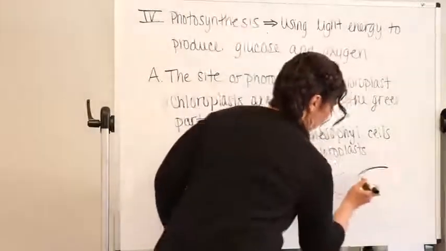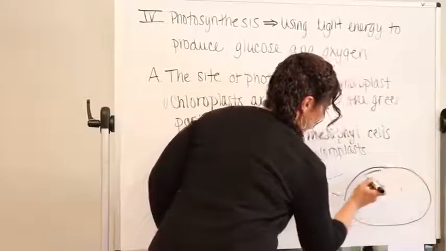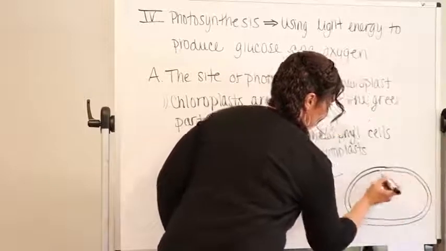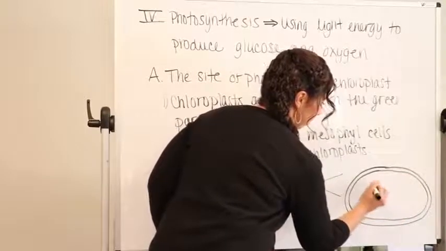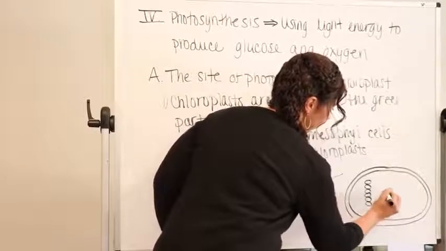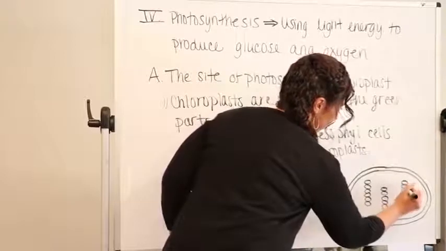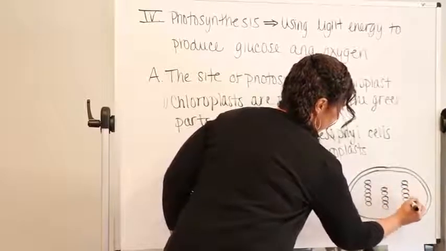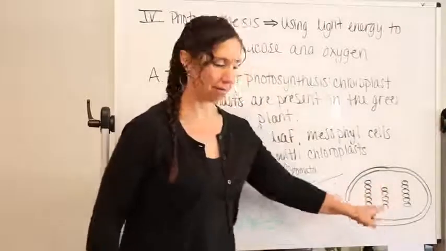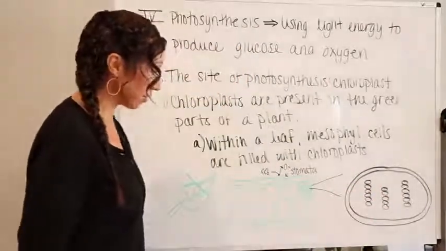So if you have a chloroplast, remember you have an outer membrane, you have an inner membrane, and within the chloroplast, you have tons of little other membranes, these other little structures. So let's define what these guys are, because we're going to be hanging out here in the chloroplast. There's no right or wrong number for how many of these little circles there are. I just randomly drew it. So let's label this really quickly.